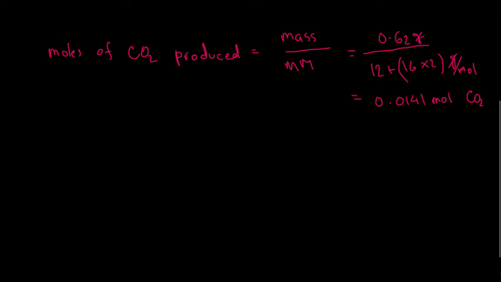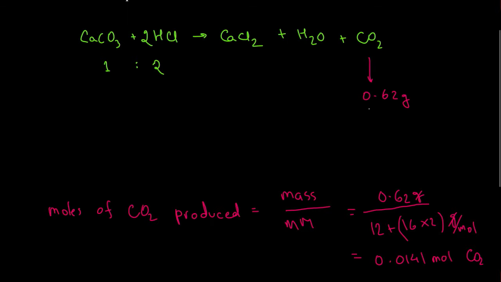So the next step is to find out, so I know the moles of CO2. So I know that this thing produced 0.0141 moles of CO2. So according to the molar ratio, this is 1, this is 1 as well. So each mole of calcium carbonate is going to produce 1 mole of CO2.